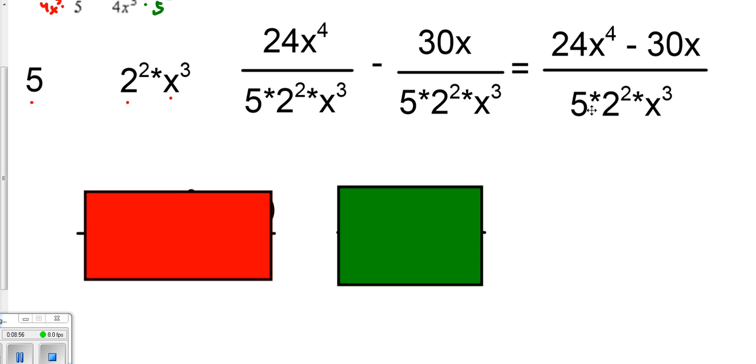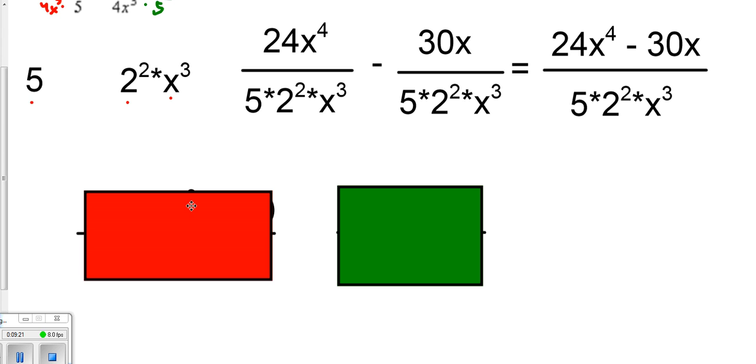So using this, we want to simplify if we can. To do that, we look at our numerator and ask what we can factor out of the top. Also, as we're factoring, we want to take out only factors that can cancel on the bottom. Even though with 24 and 30 we can take 6 out of both, that is the highest one we can take out, but we don't have 6 down here.